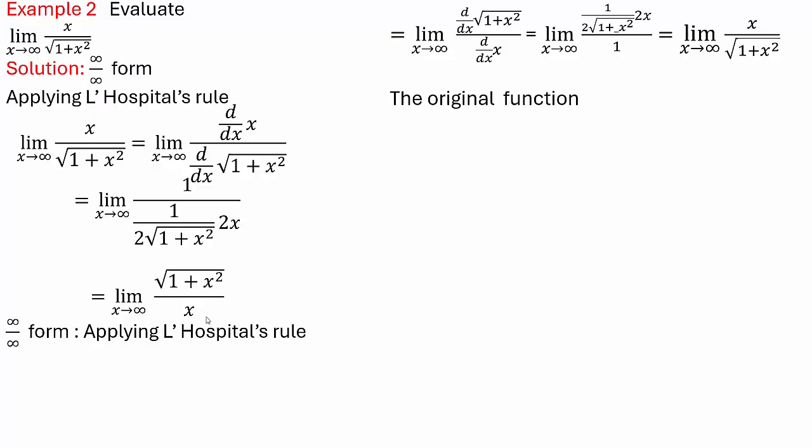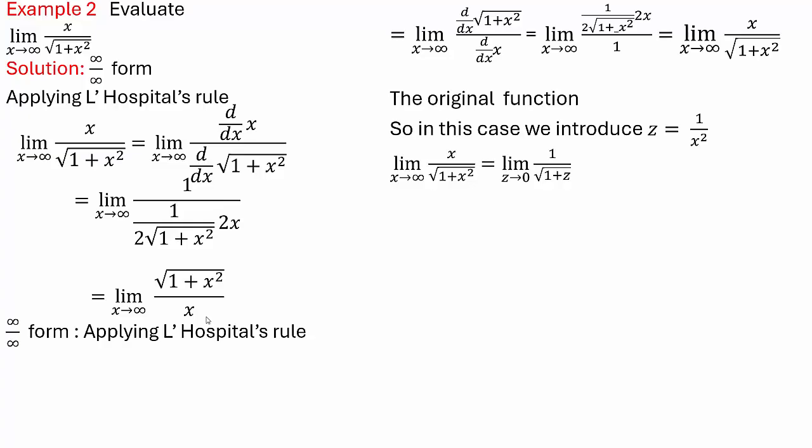What to do in such cases, when we get the original function again after applying L'Hospital rule? In this case, we introduce a new variable z by substituting 1 by x square equal to z.